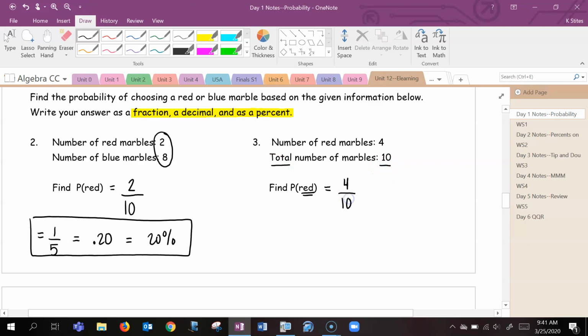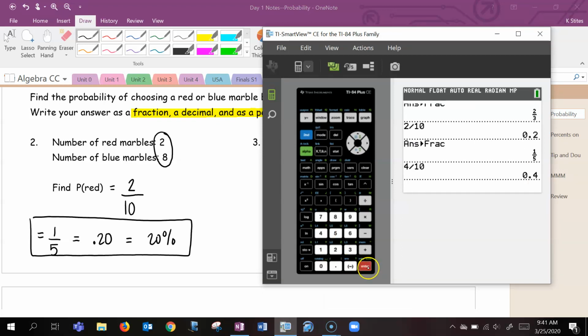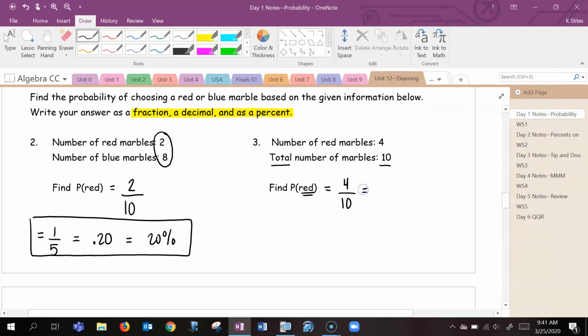So that 10 does go on the bottom. All right, so now we'll divide. Math frac. And 0.40 is our 2/5, which is 0.40. This is one of our ones we should try to memorize again, which is 40%. Again, you can just move that decimal 2 to the right.